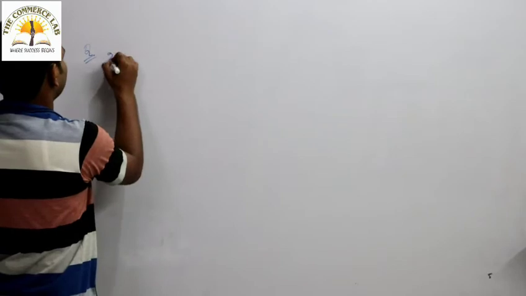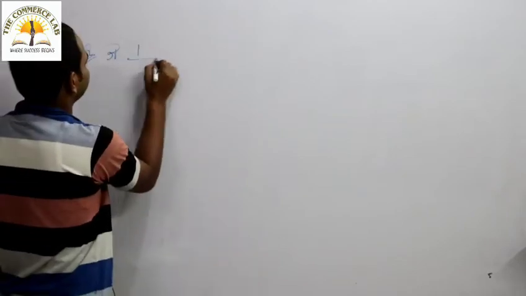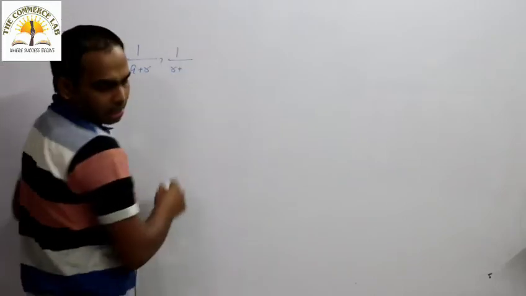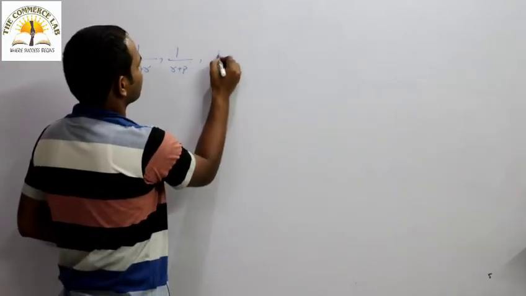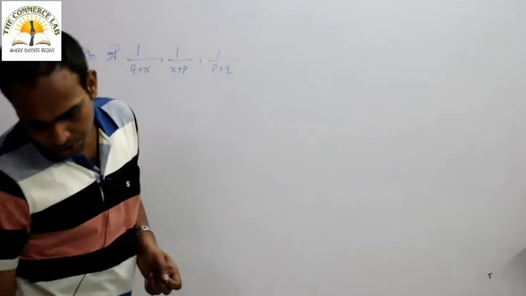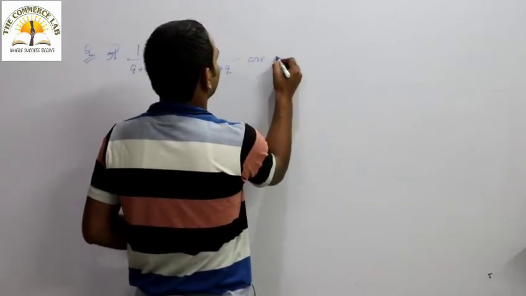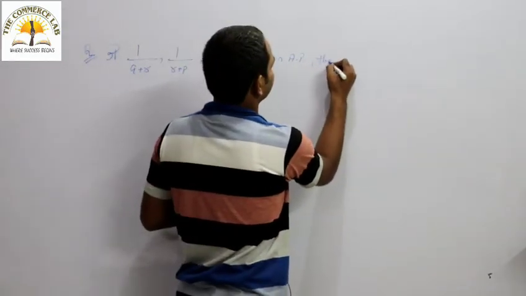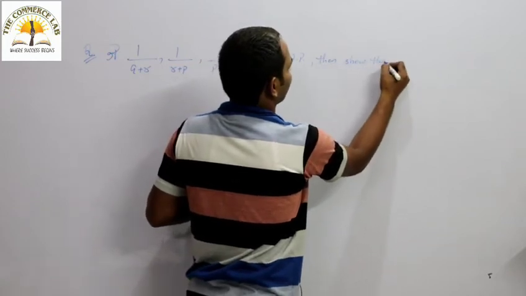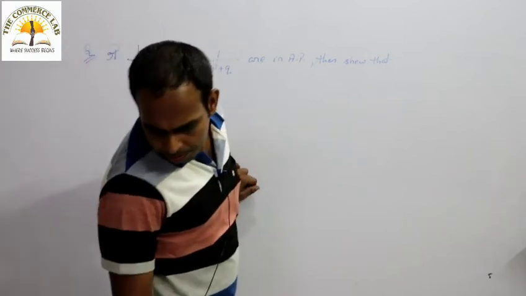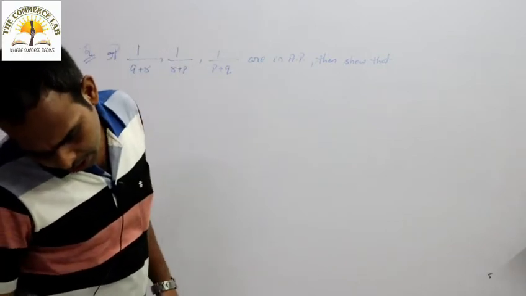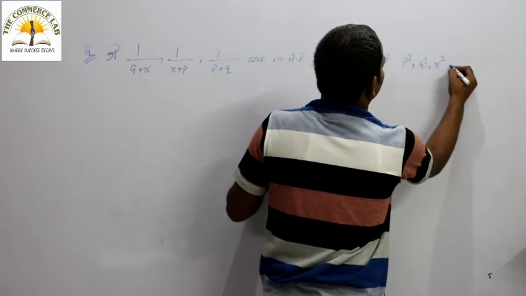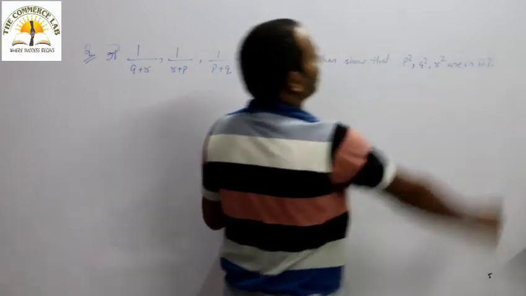If 1 by q plus r, 1 by r plus p, 1 by p plus q are in AP, then prove that p square, q square, r square are in AP.